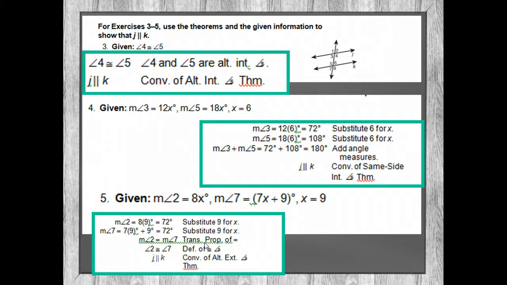And if they're equal by the transitive property of equality, then they are congruent by the definition of congruent angles. And that means that by the converse of alternate exterior angles, J is parallel to K. So we have 3 different proofs to prove that the same two lines are parallel.